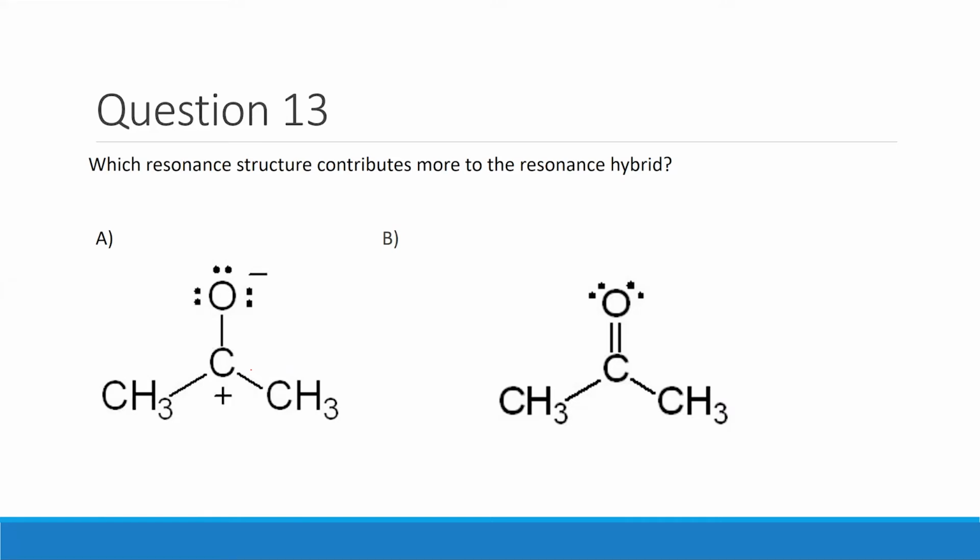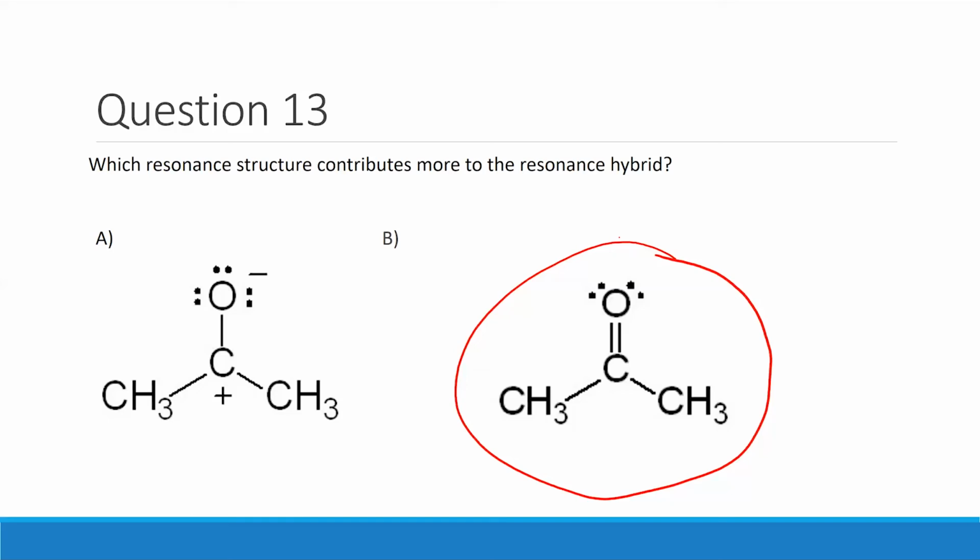Rules 5 and 6 mostly talk about which ones are contributing more. Rule 5 states that the molecule with the most covalent bonds is going to be the more major contributor. And rule 6 states that you want to have the least separation of charges, so the least number of formal charges. So that would be structure B. It's going to follow both rules 5 and 6.